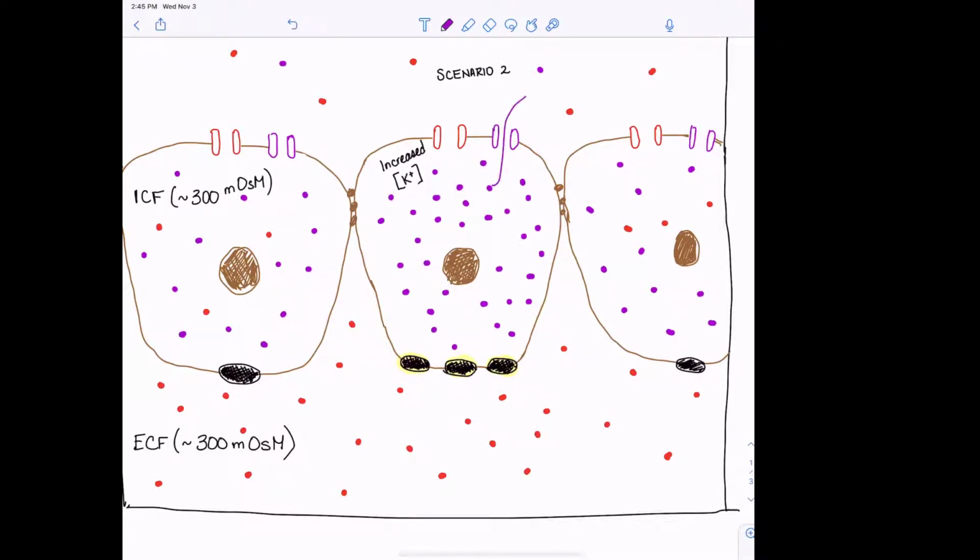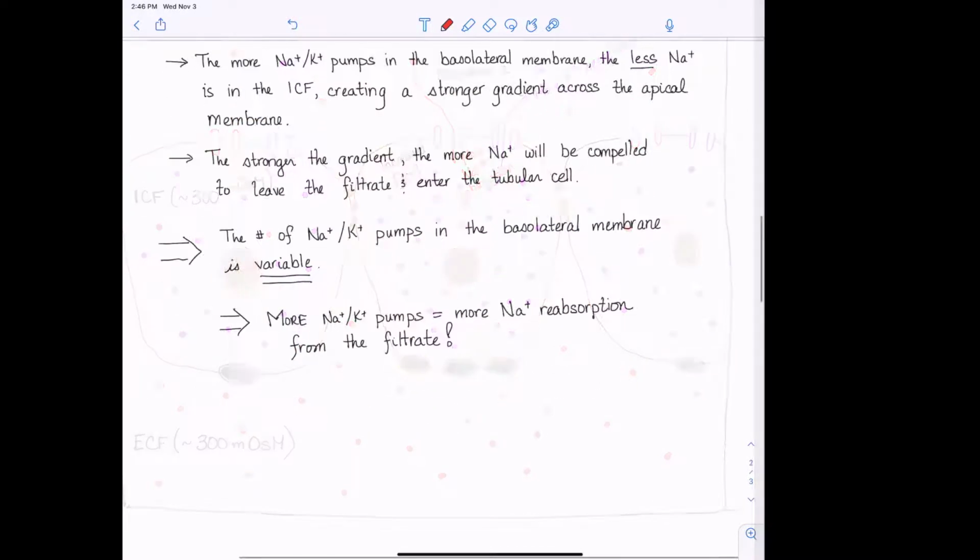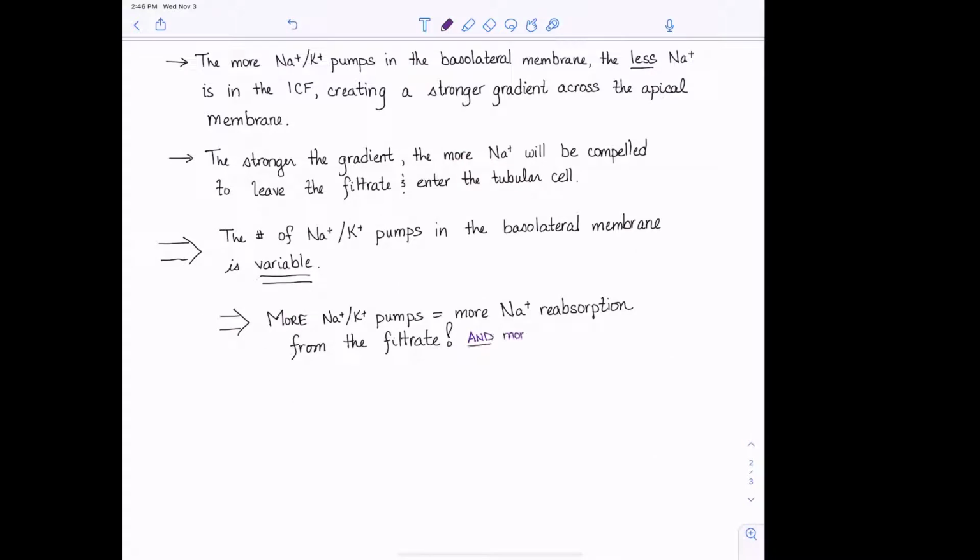By creating a stronger gradient, I can compel more potassium to leave the cell and go into the filtrate. So in this way, the number of sodium-potassium pumps in the basolateral membrane both dictate the amount of potassium secretion and the amount of sodium reabsorption. Let's add the effect on potassium secretion into our notes.